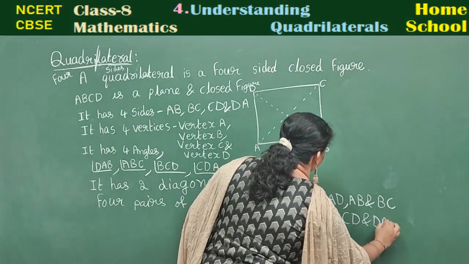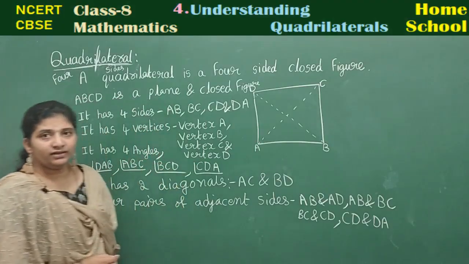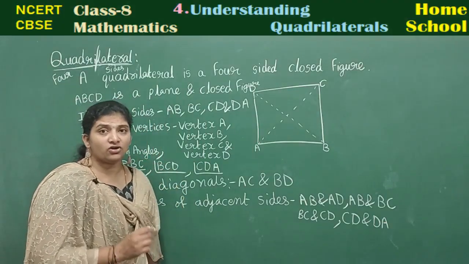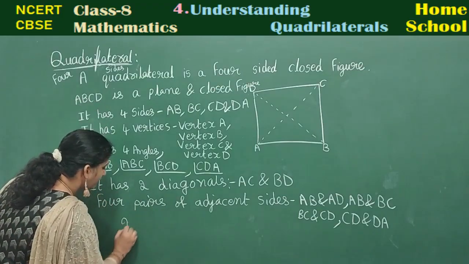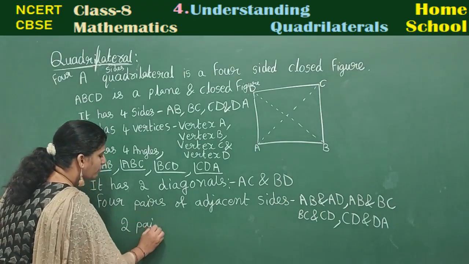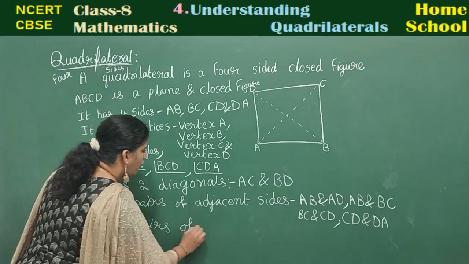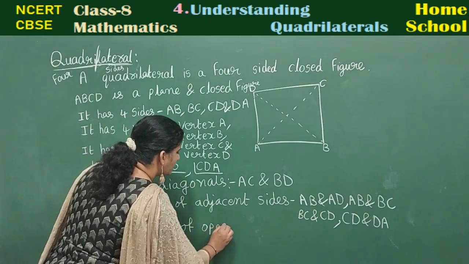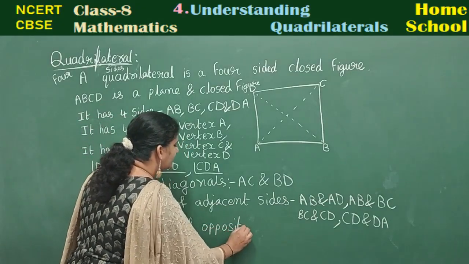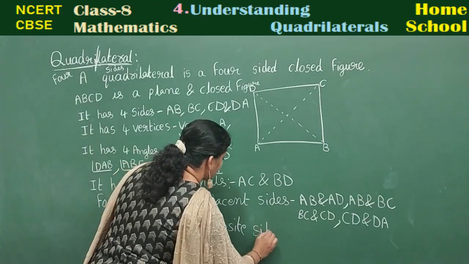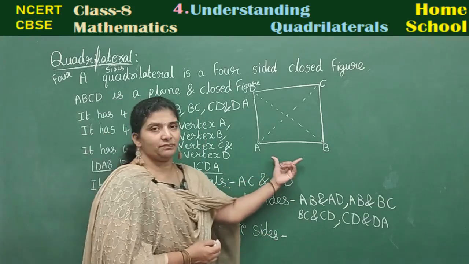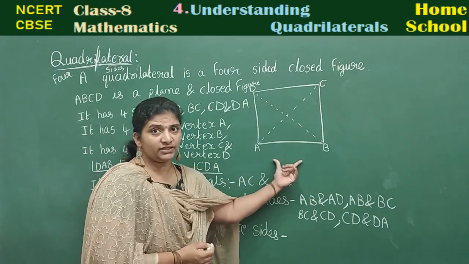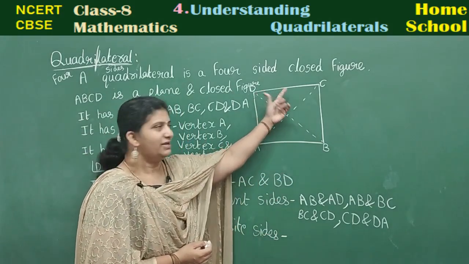Right? And it has 2 pairs of opposite sides. How many? 2 pairs of opposite sides a quadrilateral has. What are those, children? AB is opposite to DC.